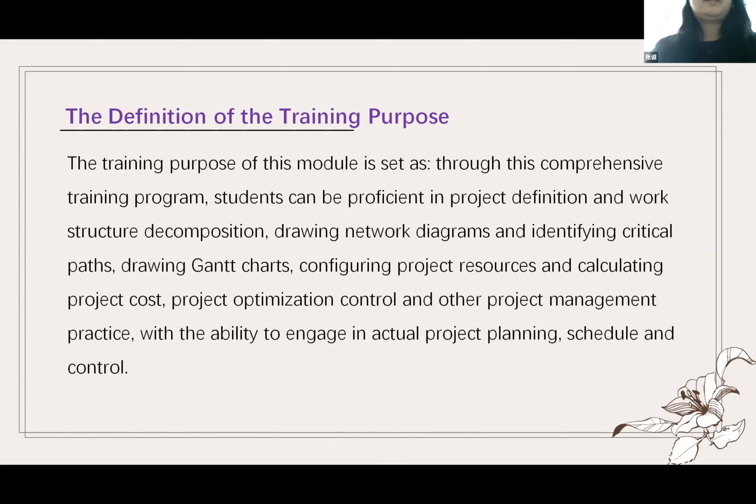The training purpose of this module is set as, through this comprehensive training program, students can be proficient in project definition and work structure decomposition, drawing network diagrams, and identifying critical paths, drawing Gantt charts, configuring project resources, and calculating project cost, project optimization control, and other project management practice, with the ability to engage in actual project planning, schedule, and control.